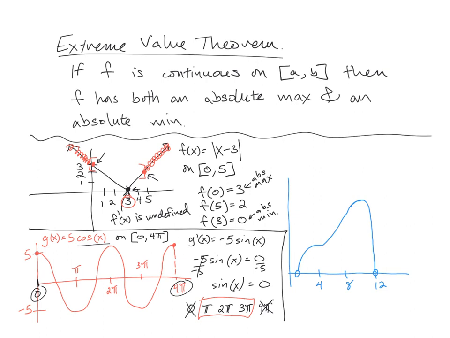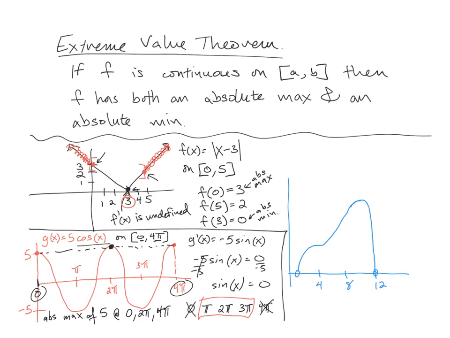Well, you can see that if we move across the top here, we have a maximum at 2 pi, and at 0, one of the endpoints, and at 4 pi, the other endpoint. So we have an absolute maximum of 5 at 0, 2 pi, and 4 pi.